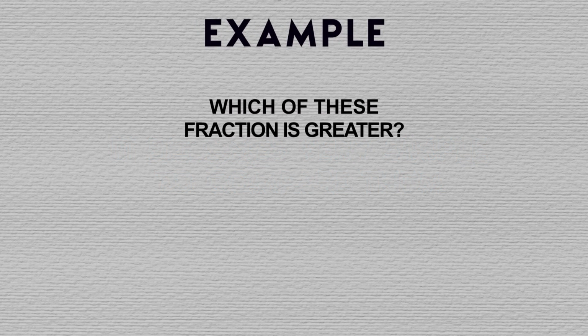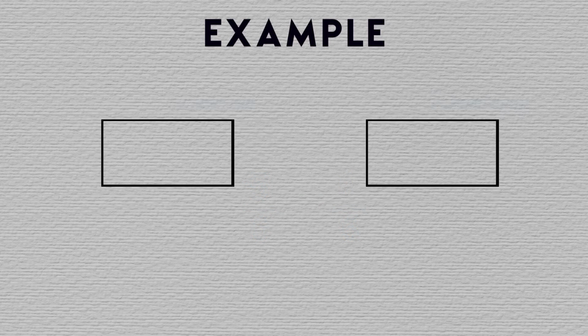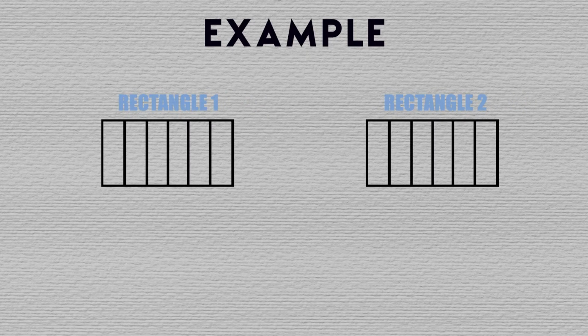Here is an example. Which of these fractions is greater, 5 over 6 or 1 over 6? To answer this question, let's start by drawing two rectangles and dividing them into 6 equal parts. Since all the parts are equal, each part of the rectangle represents 1/6.